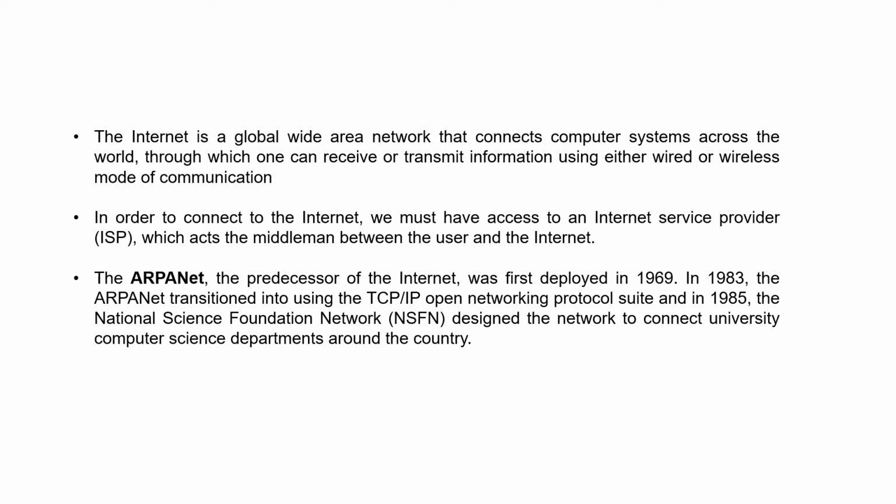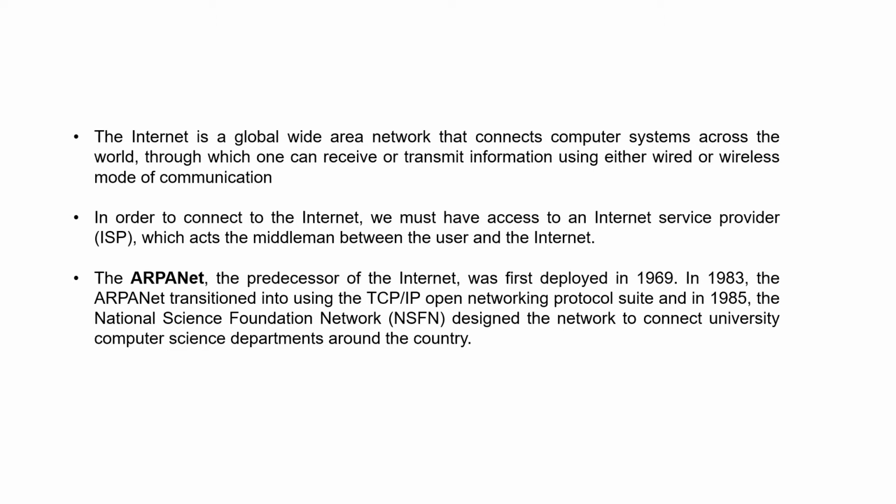Coming to the history of internet, first, ARPANET, that is the Advanced Research Project Agency's network, which is the predecessor of Internet, was first developed in 1969 to connect the computers between the research agency universities.